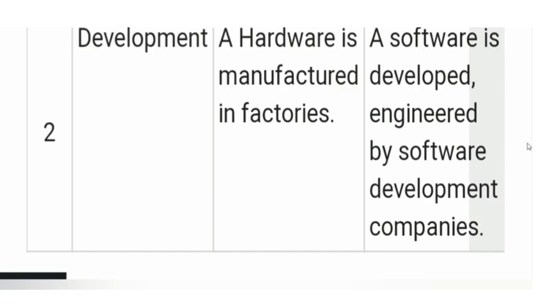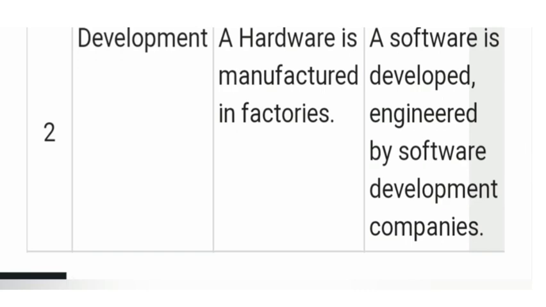Software is designed and made by software developers or development companies. In companies there are software developers like us, they work there for preparing different kinds of software according to the user's need.